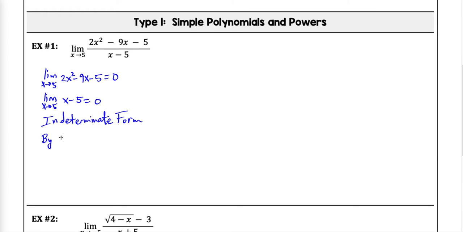But you can say by L'Hopital's, and I will just do L apostrophe H. So by L'Hopital's, the limit as x approaches 5 of 2x squared minus 9x minus 5 over x minus 5 is equal to the limit as x approaches 5 of the derivatives. So 4x minus 9 over 1.